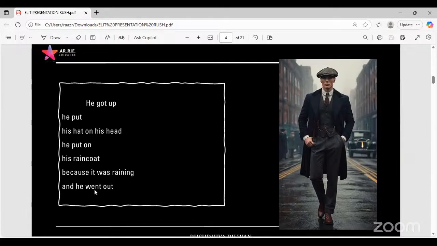So the main idea of this stanza can be summed up in one simple sentence: the man lives in silence, showing emotional distance and coldness. Okay, you all understood this line? I mean, the second stanza.